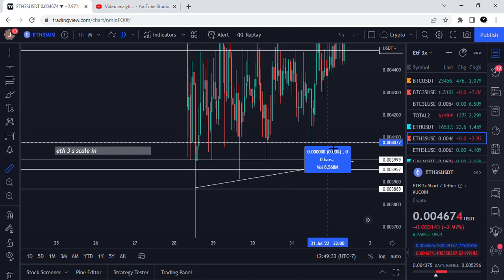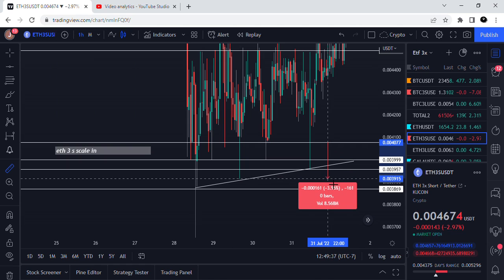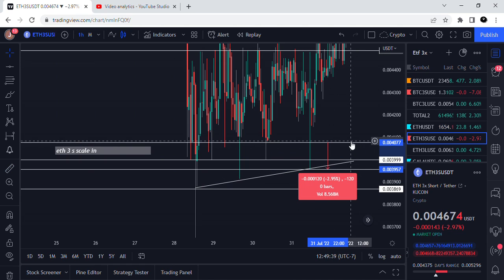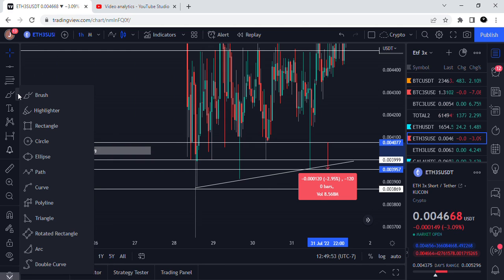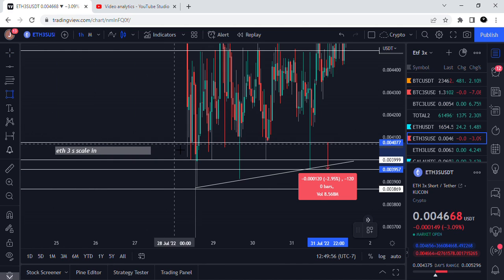The reason you're paying attention to these small moves and scaling in is because the difference between your first entry and your last entry is 3%. That's really important, and what you're doing is, as you accumulate in this zone, you're building this position because you're entering into a bear market.